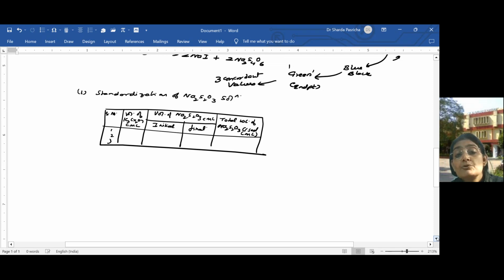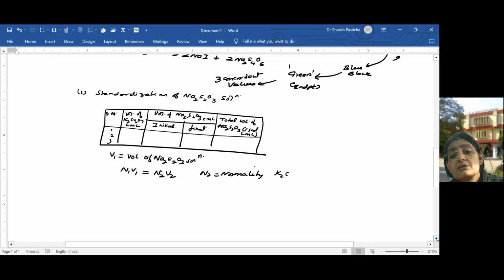Perform this experiment to get 3 concordant values, and let V1 be the volume of the concordant value of sodium thiosulfate. Then you can use the formula N1V1 = N2V2, where N2 is the normality of your standard dichromate solution, 0.1 normal, which you have prepared.